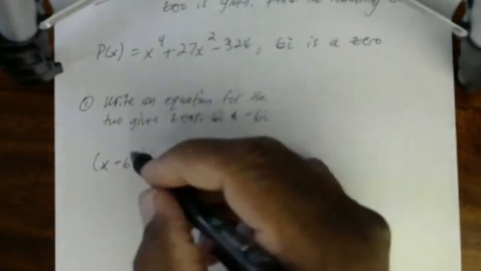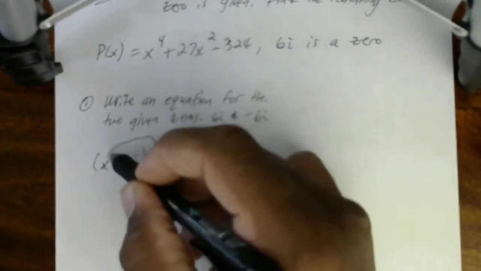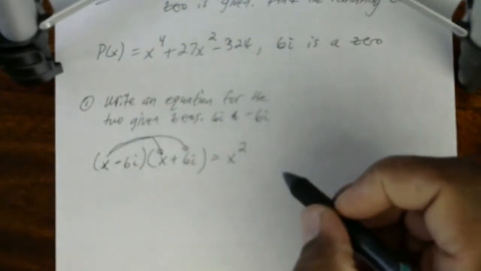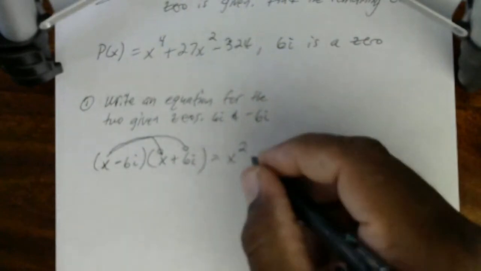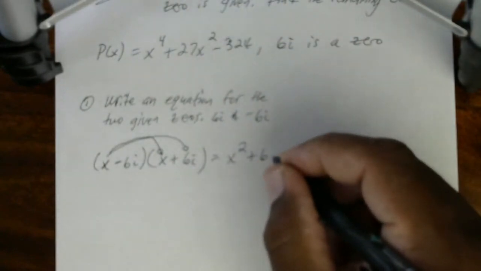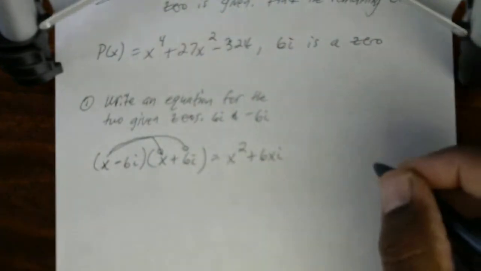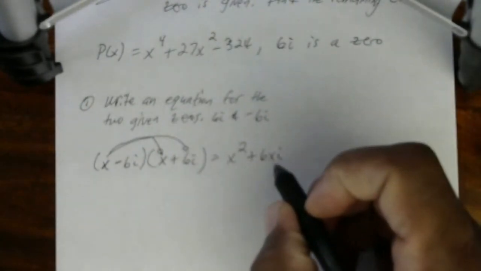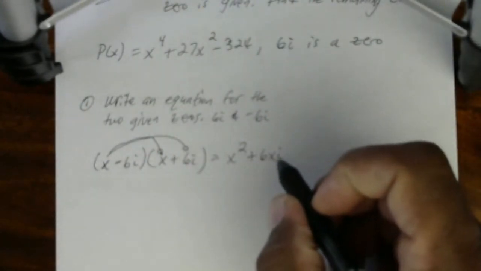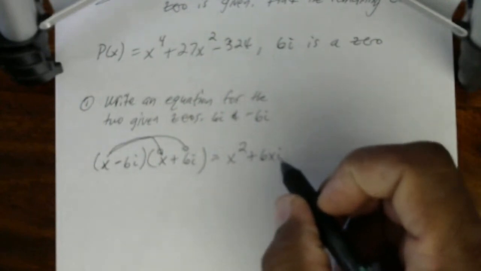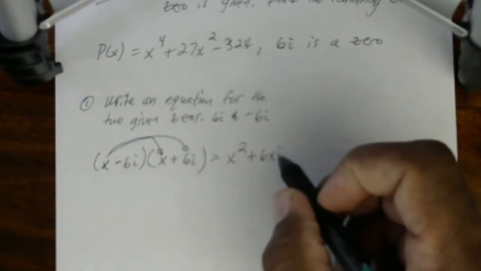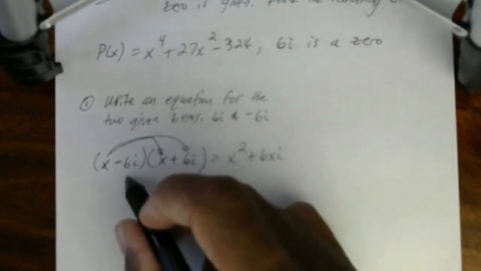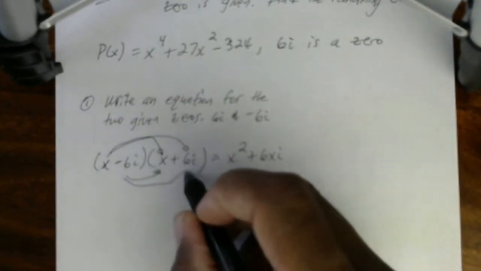Now if I distribute, x times x is x squared, x times 6i is 6xi. I know that may look funny, but we can't actually multiply x and i because they're unknown, but we can write them out in a multiplicative form. Next, we'll distribute negative 6i.